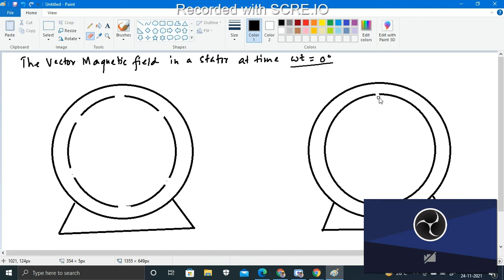Okay, here also. So on this side we will be considering the vector magnetic field representation for omega t equal to 0. Here we are putting the brass segment.